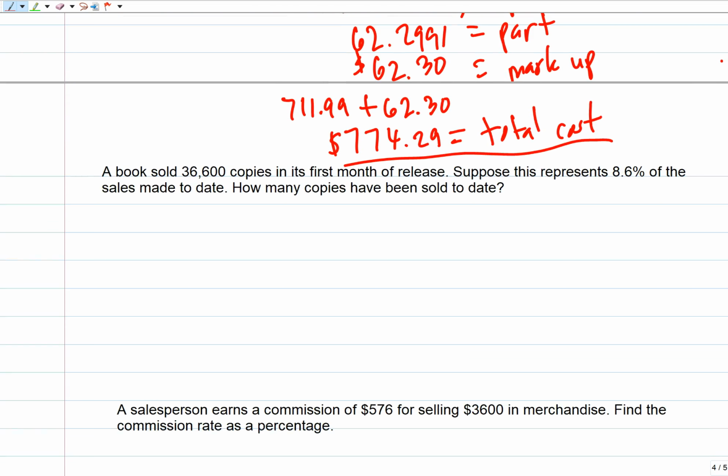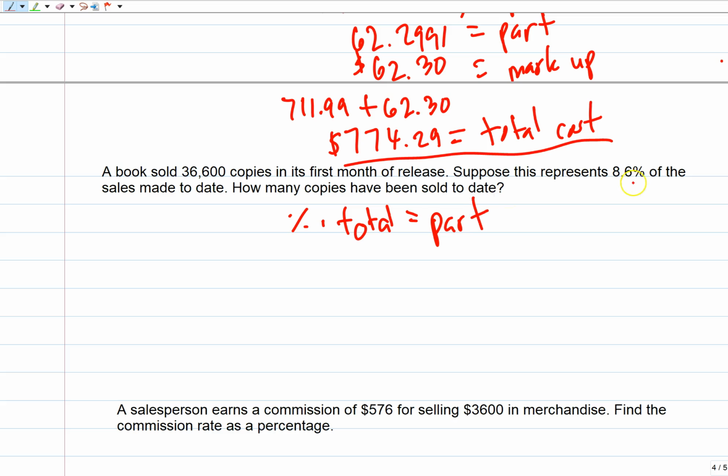A book sold 36,600 copies in its first month. Suppose this represents 8.6% of the sales made to date. How many copies have been sold to date? Well, I'm looking at a percent times a total, learn to spell someday, is equal to a part.